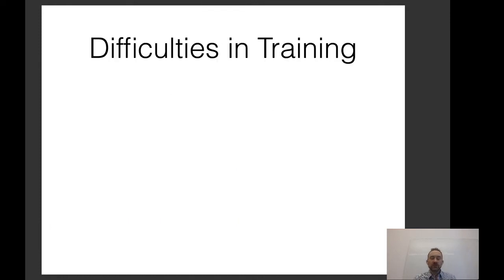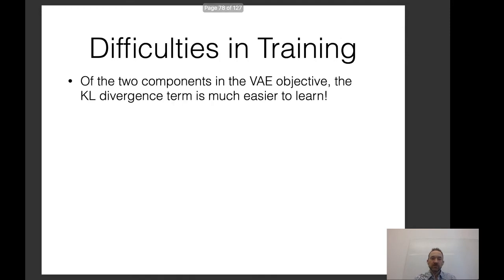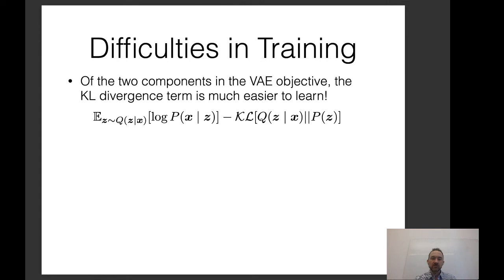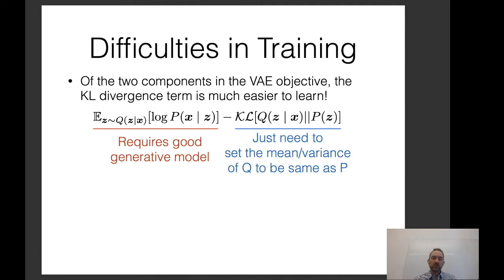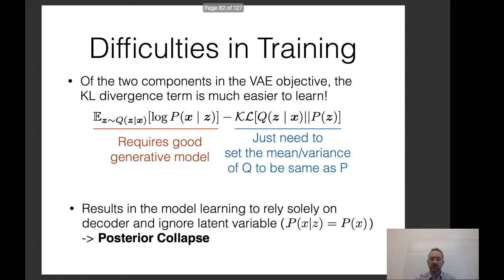However, there are a few difficulties in training VAE models. Of the two components in the VAE objective, the KL divergence term is much easier to learn. And the reason why is because to learn the left one, we need to have a good generative model. But to learn the right one, we just need to set the mean and variance of Q to be the same as P. In other words, we set the mean to be 0 and the variance to be the unit vector.